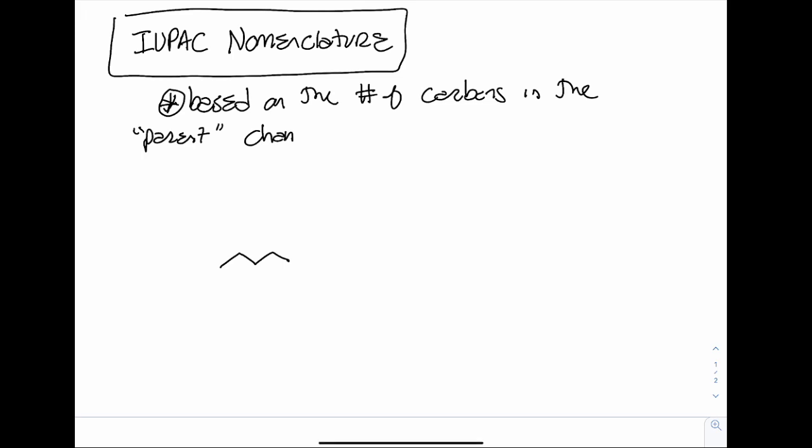So it's based on the fact that I have 5 carbons. If I was to do 4 carbons in a row and then put a branch on the second carbon, my parent is going to be those 4 carbons. So the name is going to be based on the fact that I have 4 carbons in my parent chain, and then I have a 1 carbon branch. So based on the number of carbons in the parent, but also the number of carbons in my branches.